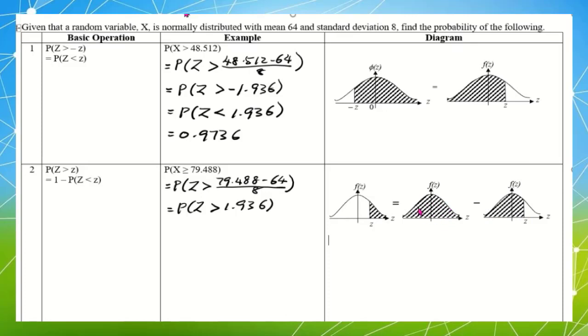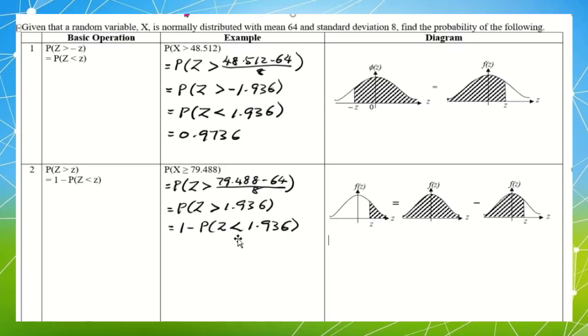So we know that the area under the graph is equal to 1. So therefore, when I change greater than into less than, I get 1 minus the probability z less than 1.936.